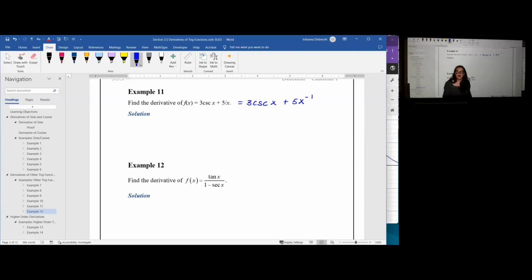And then I can apply the power rule for derivatives. For the second example, number 12, I will need to apply the quotient rule. There's no way around that at this point in time. After next section, though, you will have an alternative method for finding the quotient rule. Pause the video, work these out, and then we'll compare.